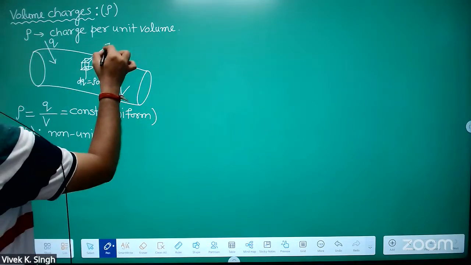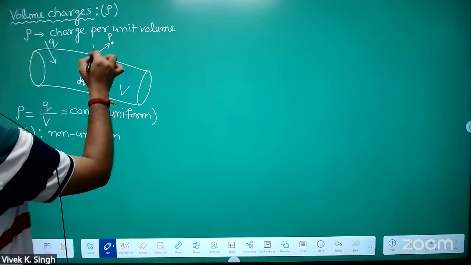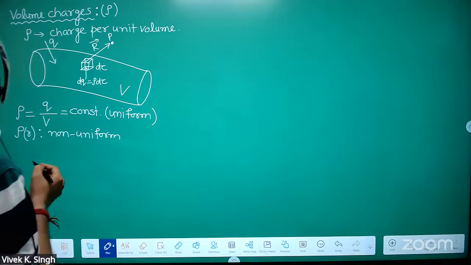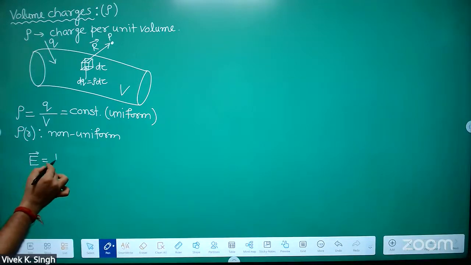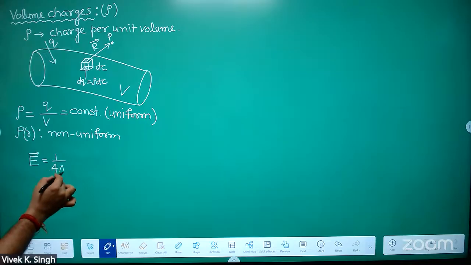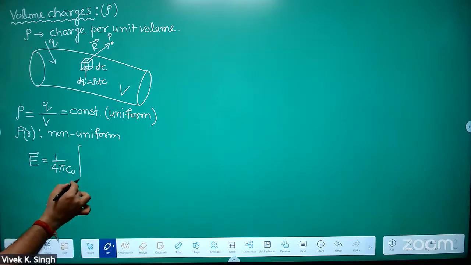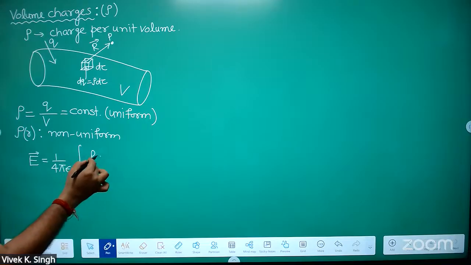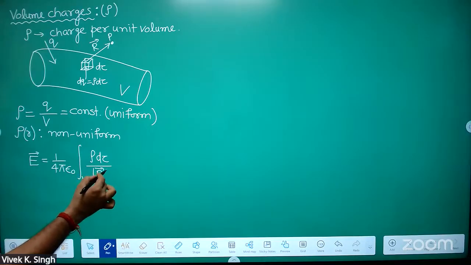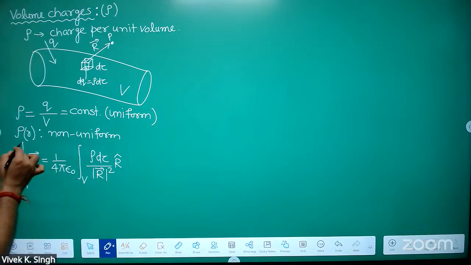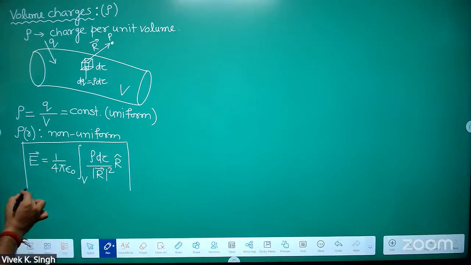If you have to see the electric field at point P, this electric field is given by 1/4 pi epsilon naught, volume integral of rho d tau by mod r square, r cap. This is Coulomb's law for volume charges. ठीक है?